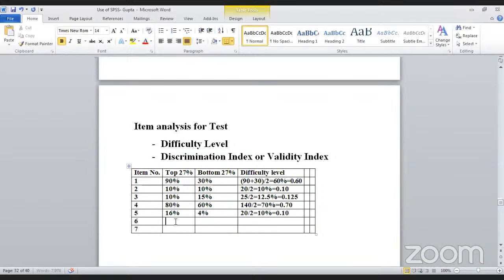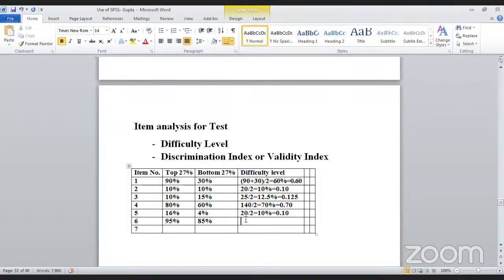Now here is another question. And here, let's say, 95% of the people have attempted it correctly. And here, let's say 85% of the people have attempted it correctly. So this will be 180.